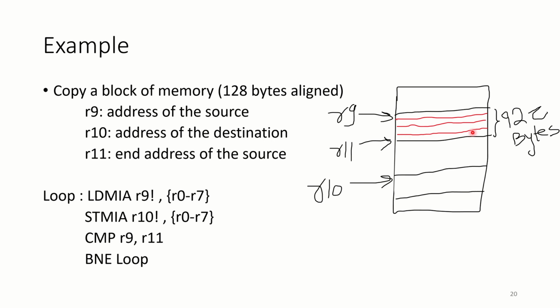So there are 128 bytes at a continuous location. We want to copy. So first we need to see from where we are going to copy and to which location we are going to store. We are not going to copy a single memory. If you are going to copy a single memory, it's very easy. From here to here, it's very easy.